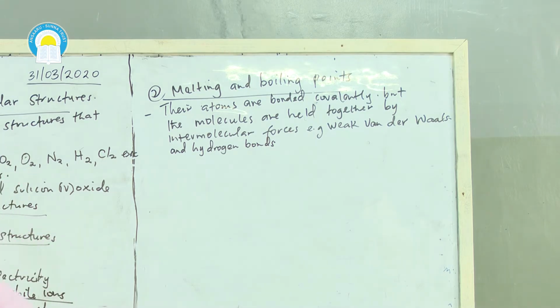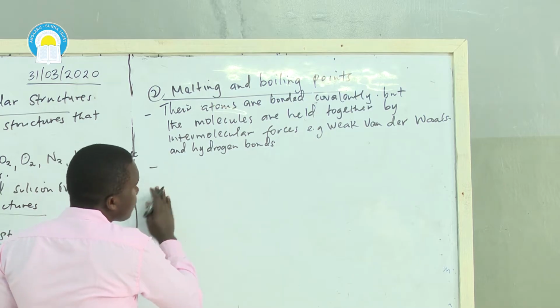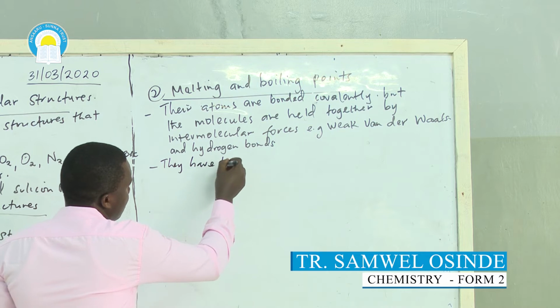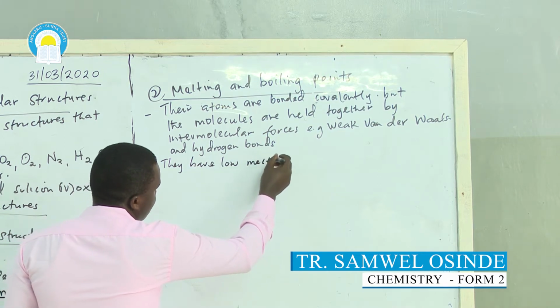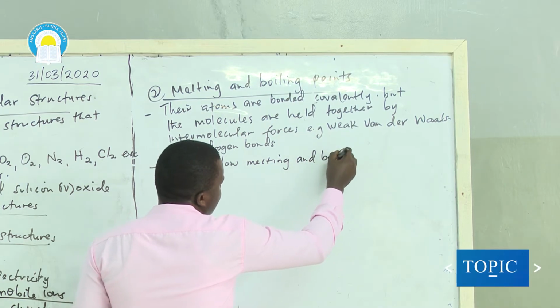These intermolecular forces, like the weak van der Waals, are very weak to a point that they require little energy. You just need to apply a small energy to overcome them. So, therefore, they have low melting and boiling points.